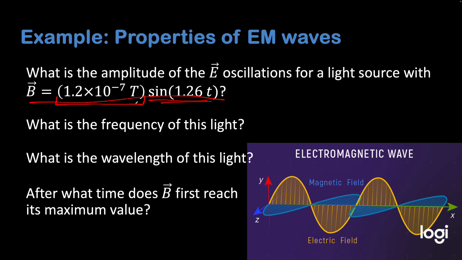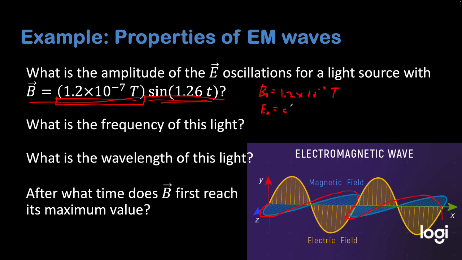This thing in front of the sine tells us how far these are oscillating in this direction. So this is our B amplitude. So B naught is equal to 1.2 times 10 to the minus 7 Tesla, just because it's this thing in front of the sine.